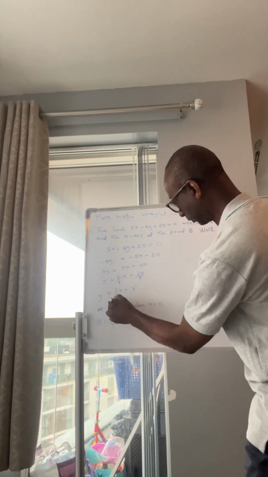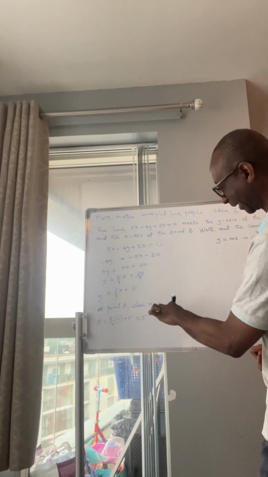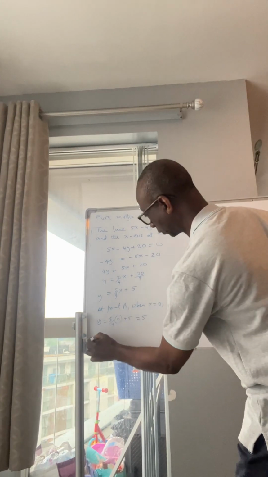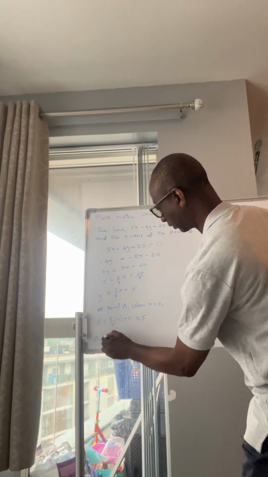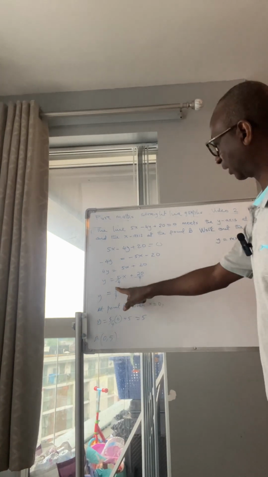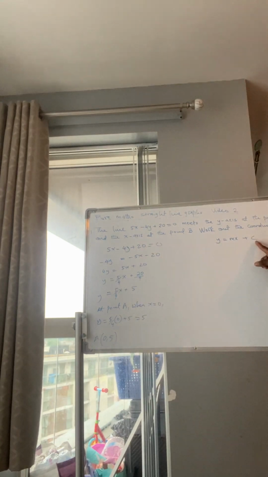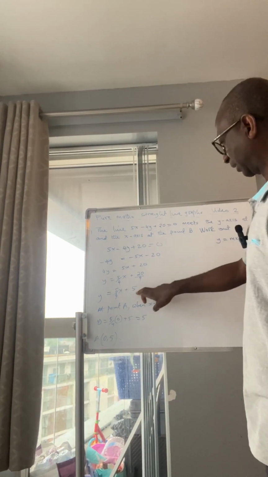So everything here will go to 0, and what will remain here is just 5. So when x is 0, y is 5. So the coordinates at point A is x 0, y 5. From here, you can see the gradient of the graph is 5 over 4, and the intercept on the y-axis is 5.